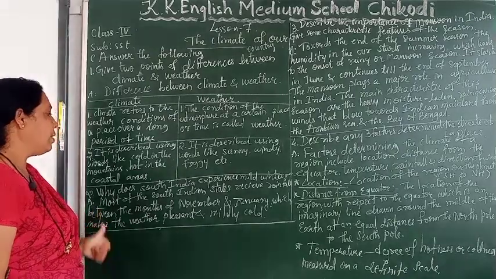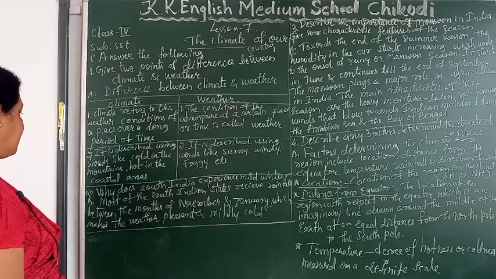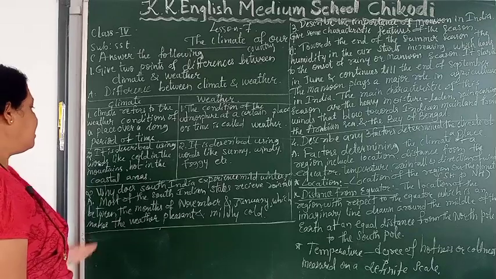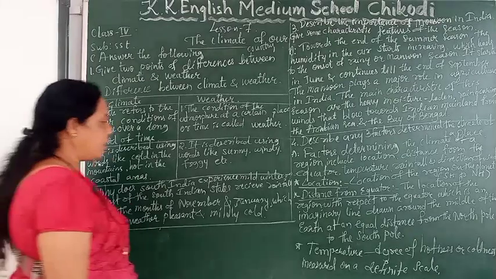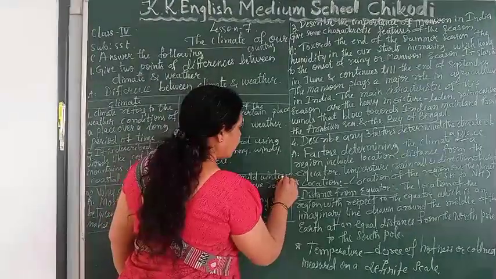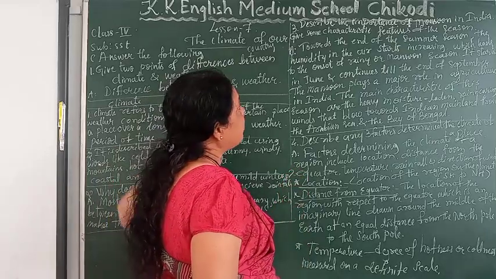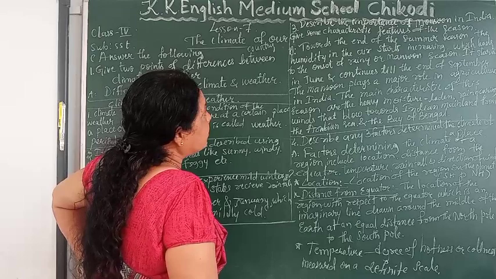Question number 2 is, why does South India experience mild winters? Most of the South Indian states receive rainfall between the months of November and January, which makes the weather pleasant and mildly cold. Question number 3 is, describe the importance of monsoon in India. Give some characteristic features of the season.